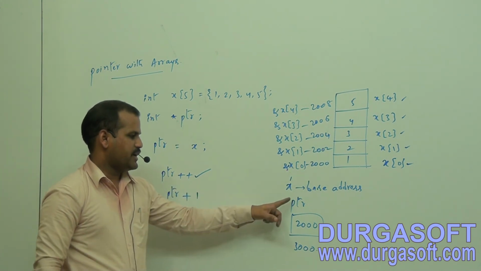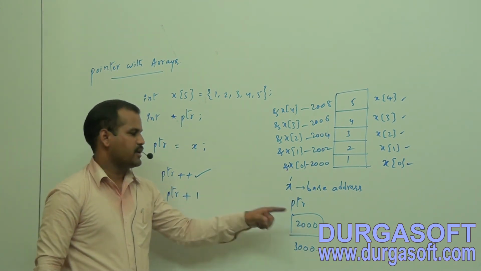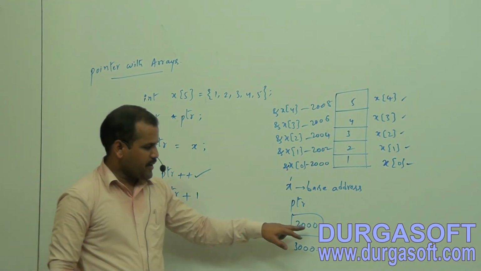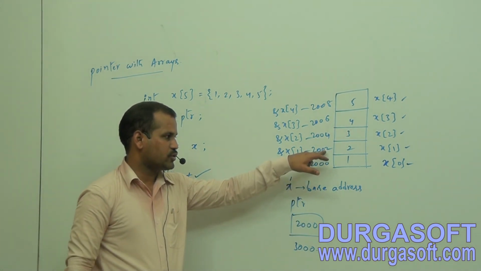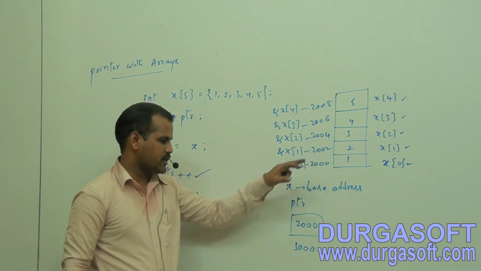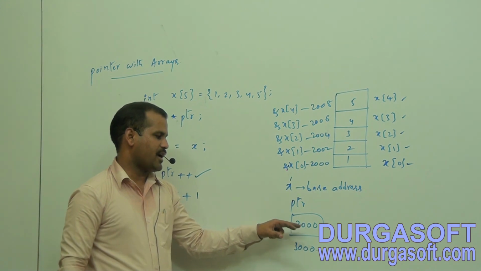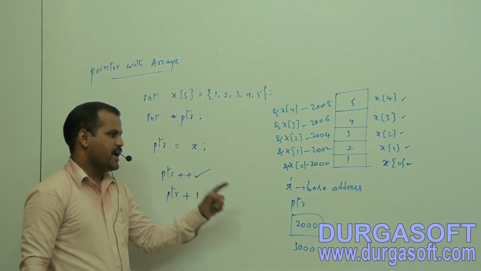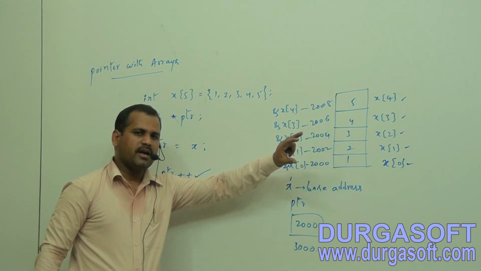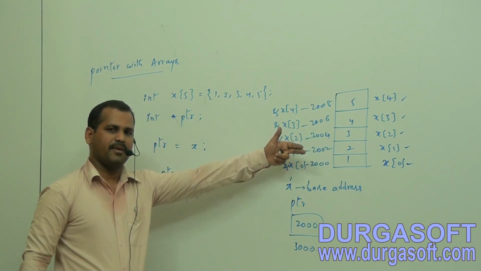That means here pointer stores 2000. If it is used with an increment operator, after increment this pointer stores 2002, not 2001. We should recall this point in pointers. So a pointer after using the increment operator will go to the next integer data type element or next same kind of data type element.